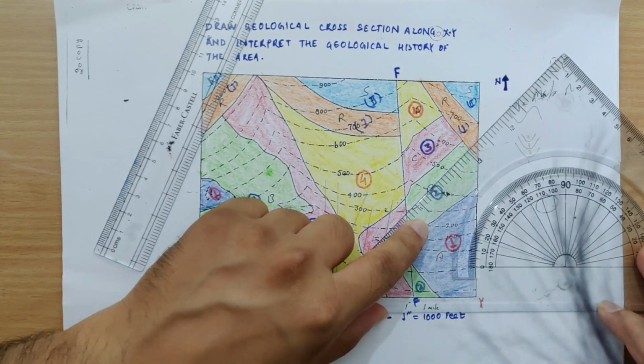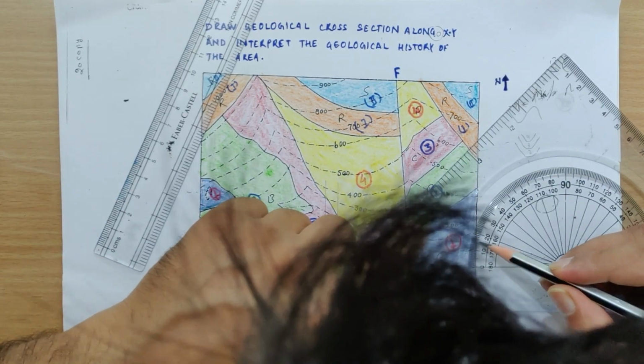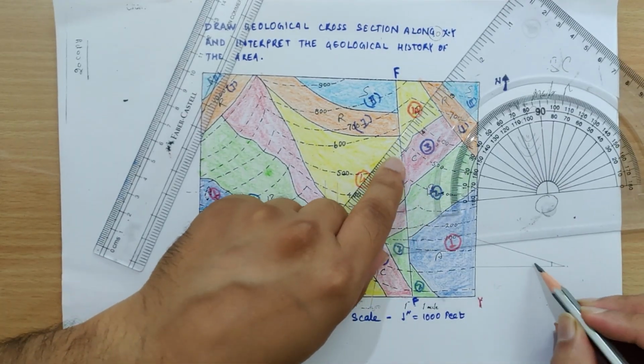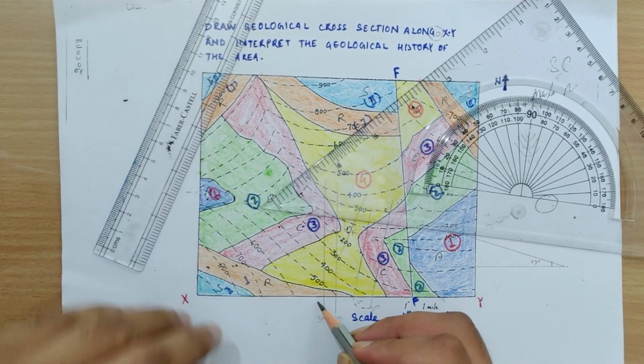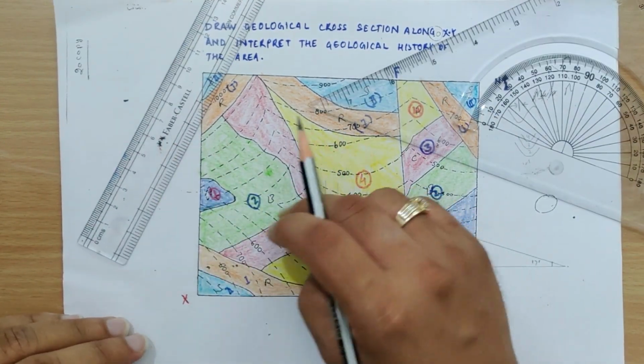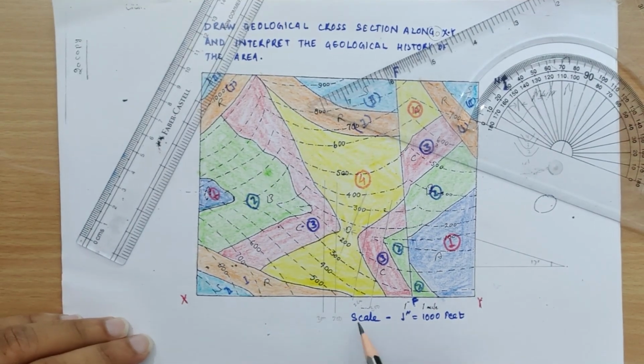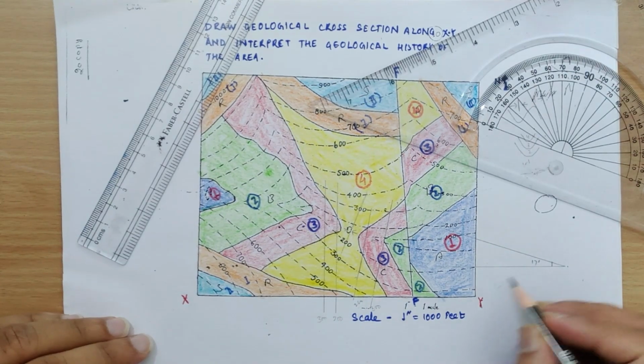So this is 10, 15, 16, 17 degrees. So these limbs, these traces are dipping from X to Y with an amount of 17 degrees.